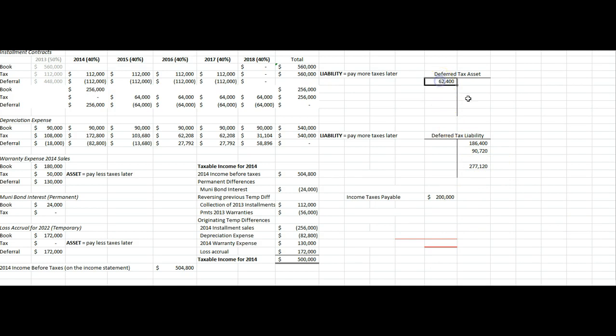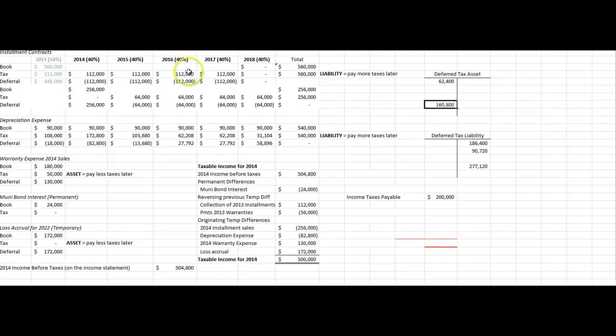What about our deferred tax asset? Remember, that's sitting in there at 40% times the 156,000 from last year's warranty expense that we estimated. What should it be at the end of this year? Well, it should be whatever it was here, minus the $56,000 that reversed itself out from last year's warranty, because we finally made those warranty expense payments, plus 40% of the new deferral for the new sales of this year, plus 40% of this deferral for the lawsuit that we think we're going to lose in about 7 or 8 years.